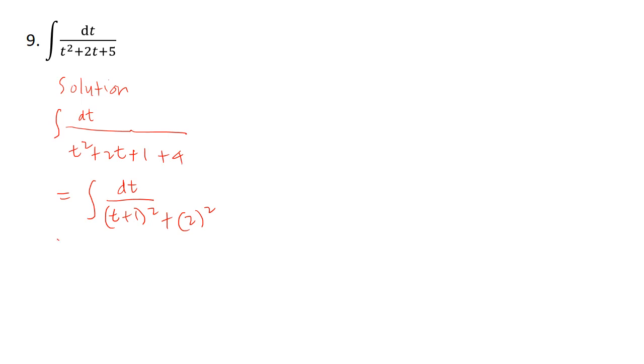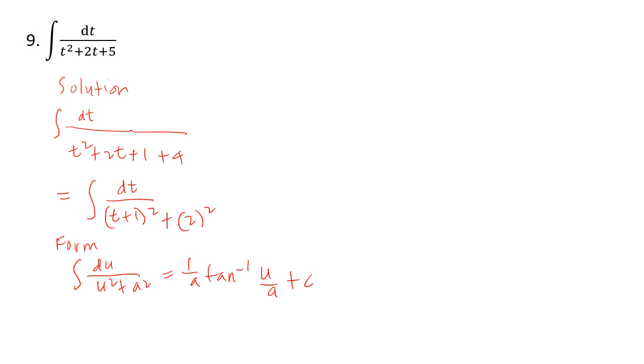So the form is integral of du over u squared plus a squared, which equals 1 over a arctangent u over a plus c.